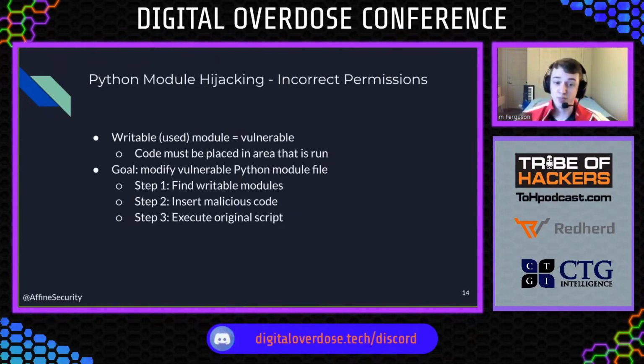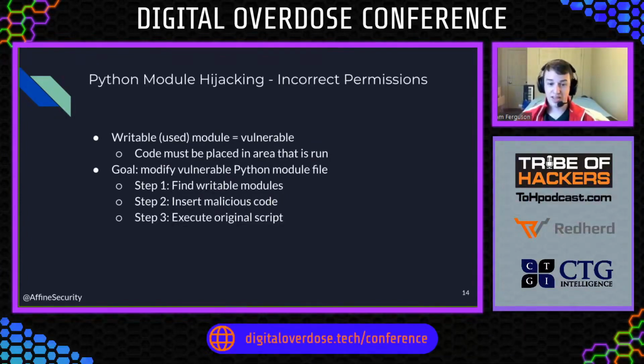And I will note that the code must be placed in an area that is run. Not all modules are going to run every single thing on start. There's only certain items that they might have to run. So you might have to do a little code analysis, a little trial and error to see what will work. And your goal here is to modify a vulnerable Python module. So find writable modules, insert malicious code, and then execute the original script.